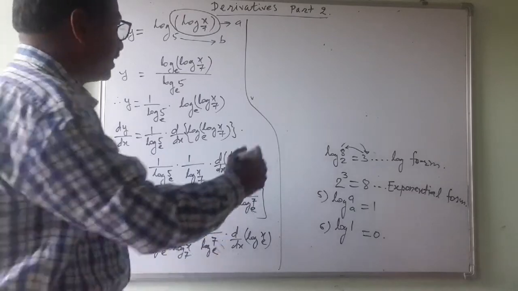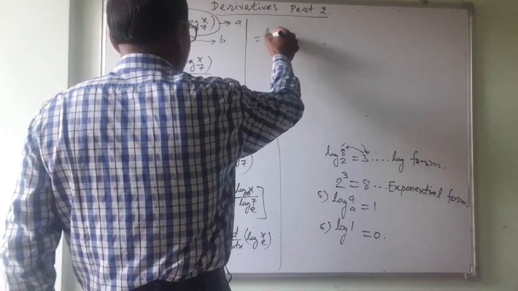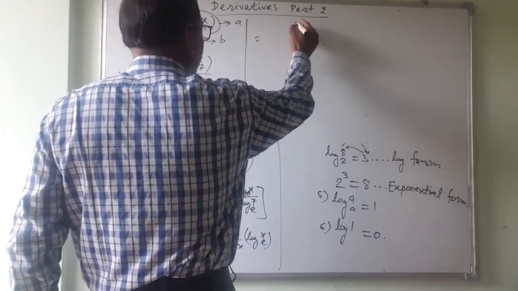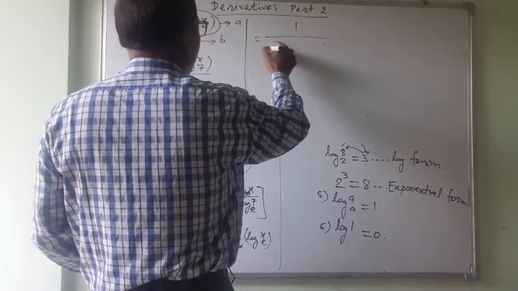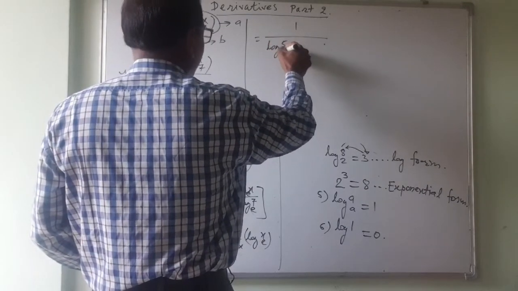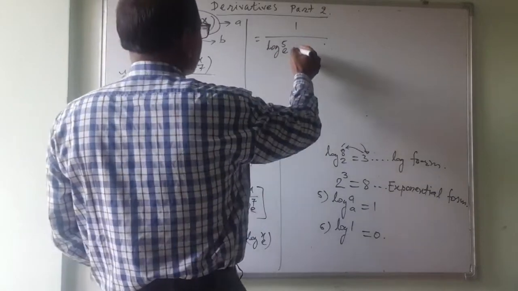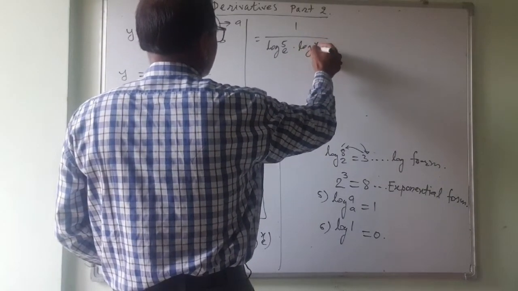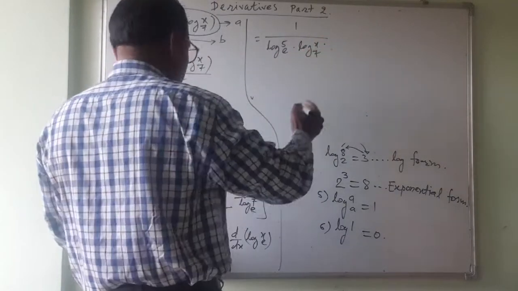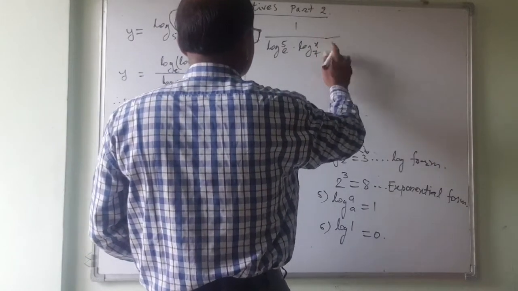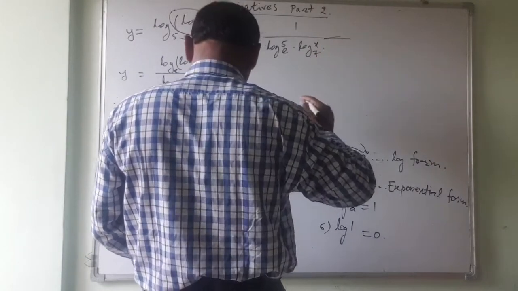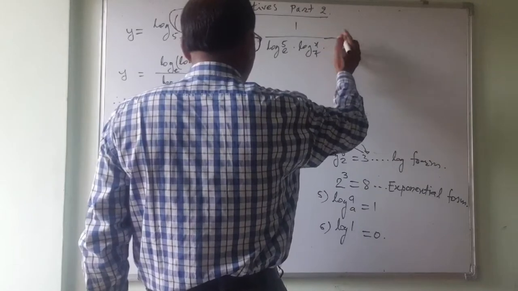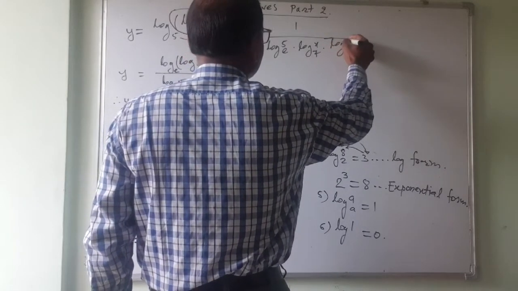This overall is equal to 1 upon log of 5 to the base e into log of x to the base 7 into log of 7 to the base e.